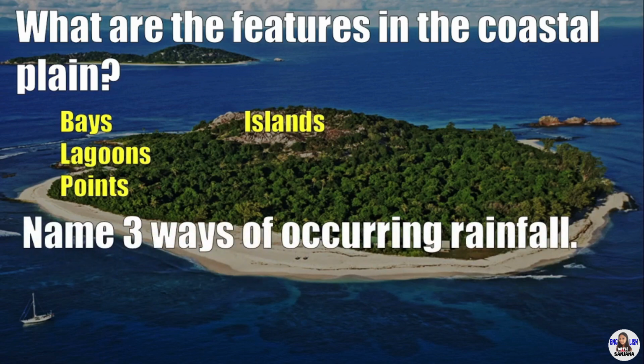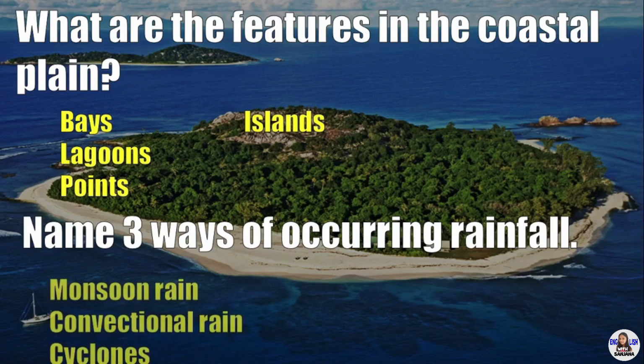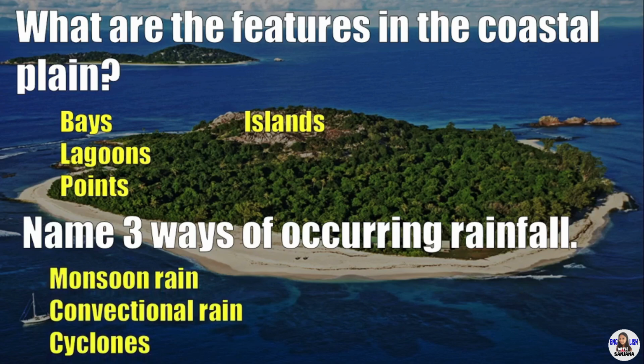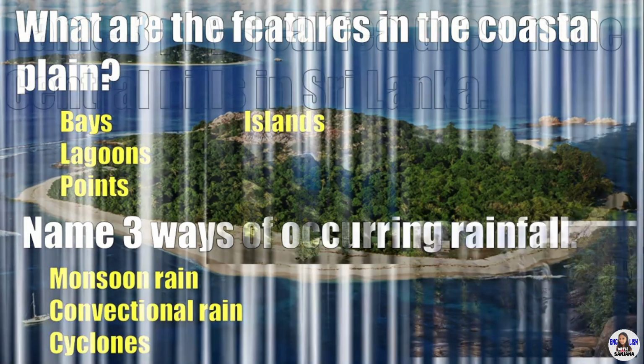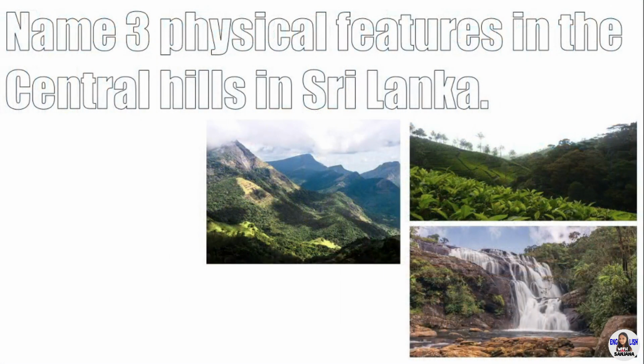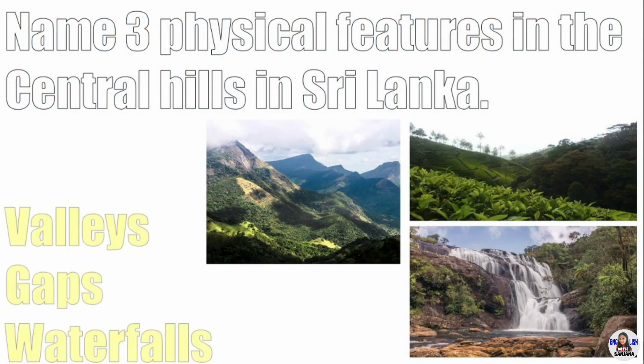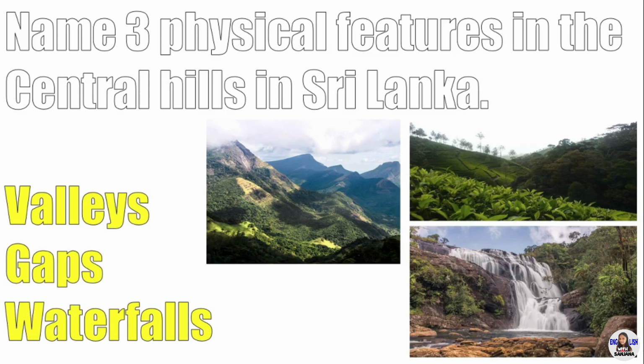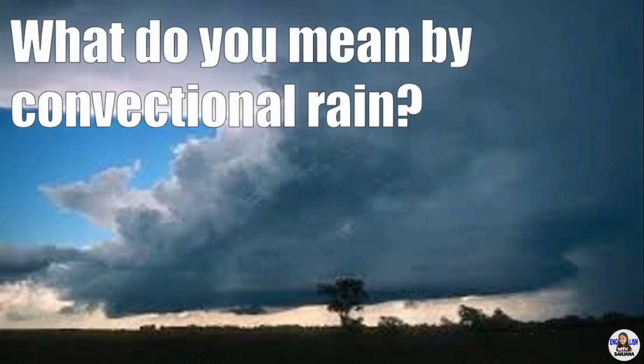Name three ways of occurring rainfall in Sri Lanka: monsoon rain, convection rain, and cyclones. Name three physical features in the central hills of Sri Lanka: valleys, gaps, and waterfalls.